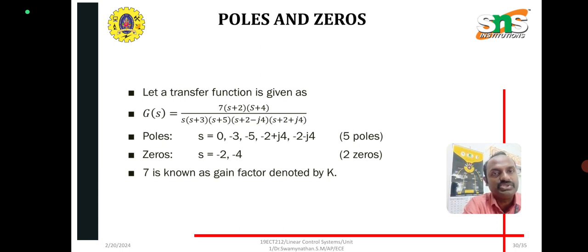So for poles and zeros, the transfer function G(s) is given. If the numerator is equal to 0, those are the zeros; poles mean the denominator equal to 0. The constant factor is known as the gain factor, denoted by k.